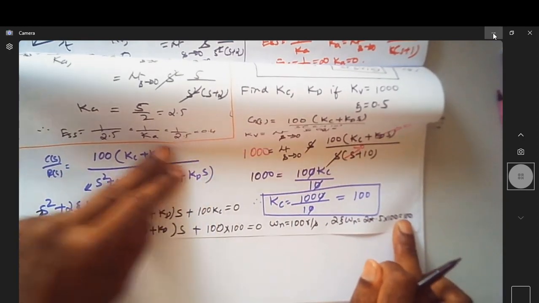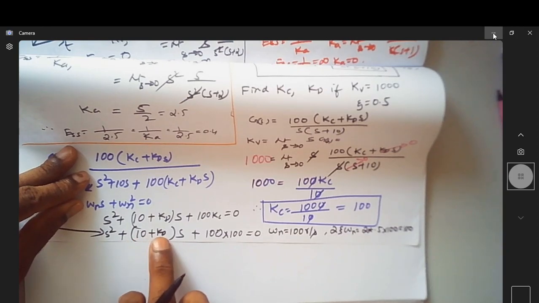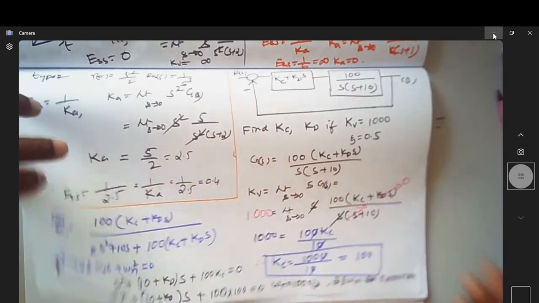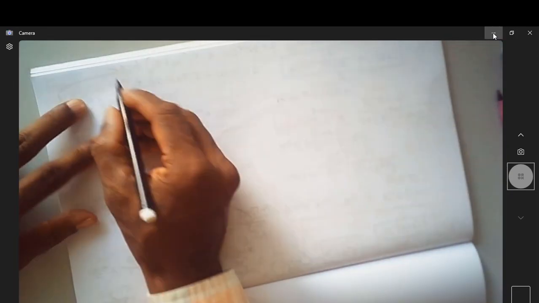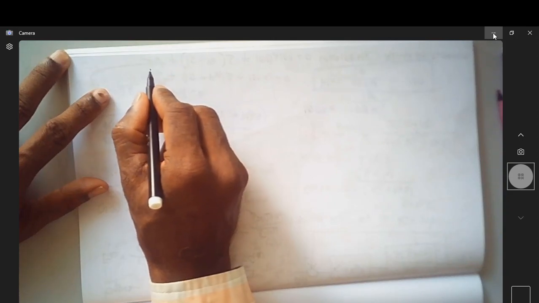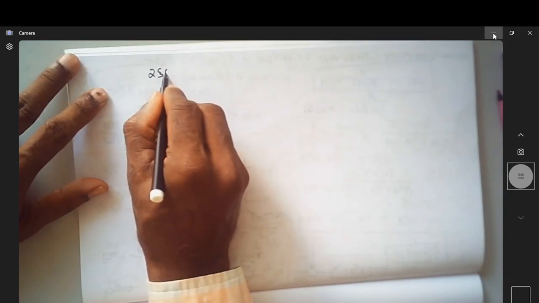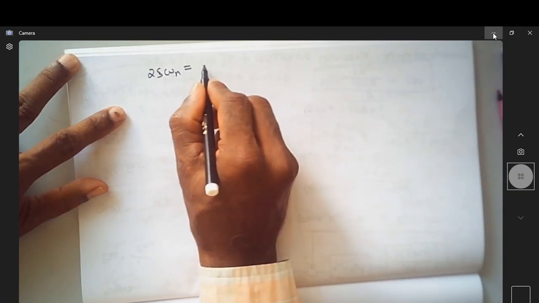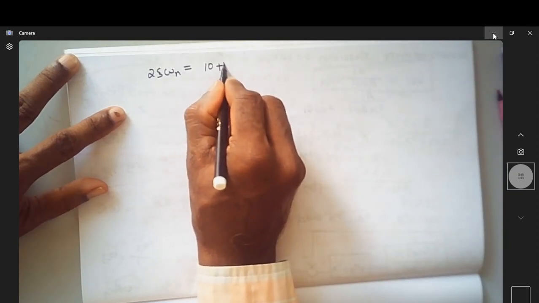Is this 100 equal to 10 plus Kd? So now I can write the quotient of S: for the standard form it is 2 zeta omega n, and for the equation it is 10 plus Kd.